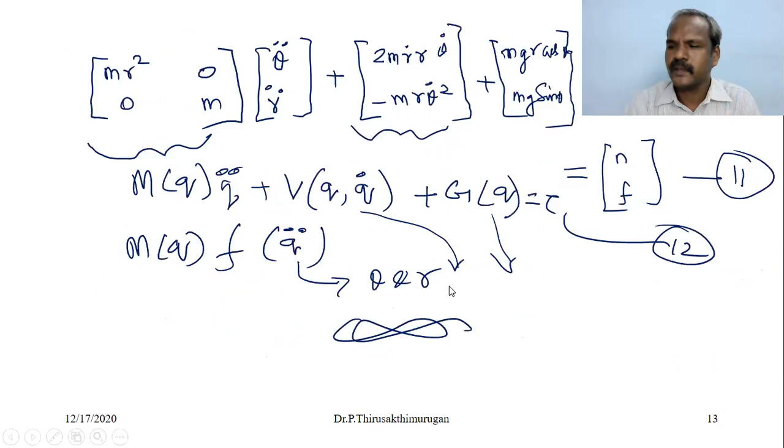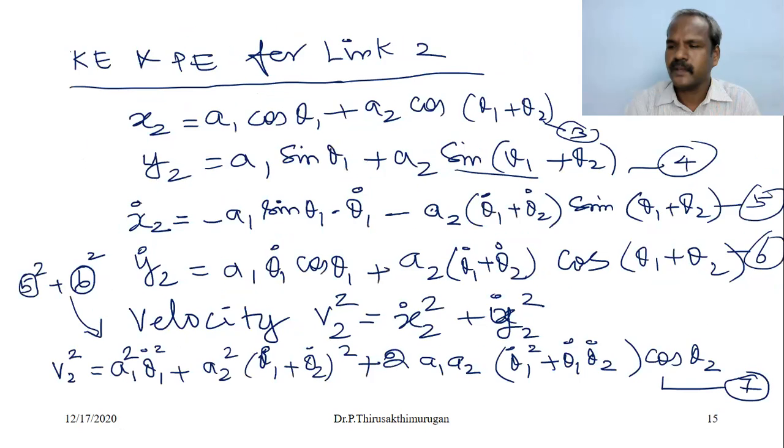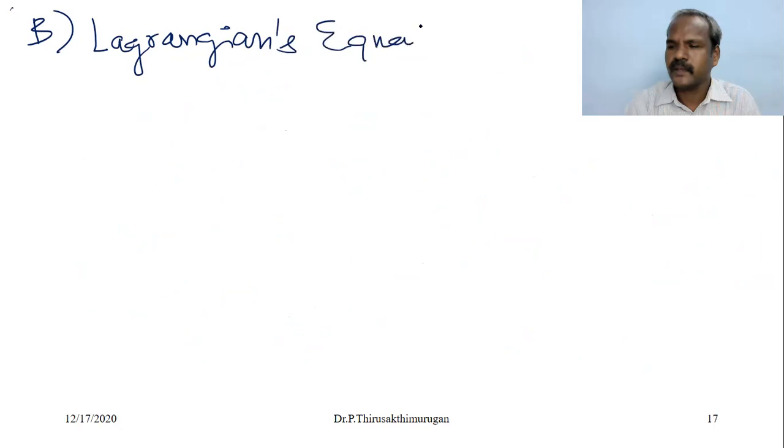Next one, first we have computed kinetic energy and potential energy. Next we have to compute the B, second step. B is Lagrangian equation. What is Lagrangian equation?